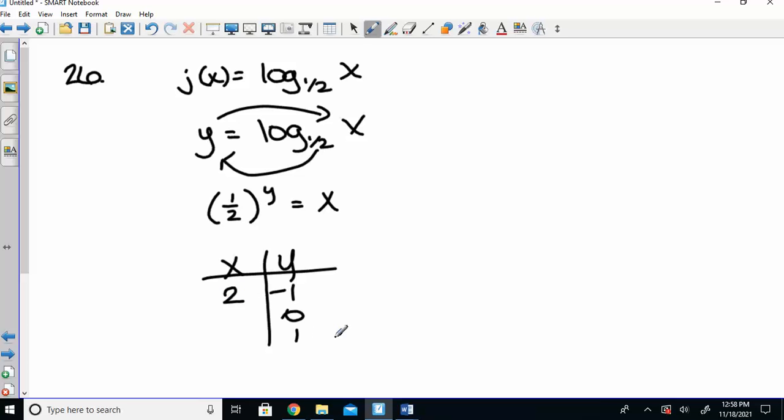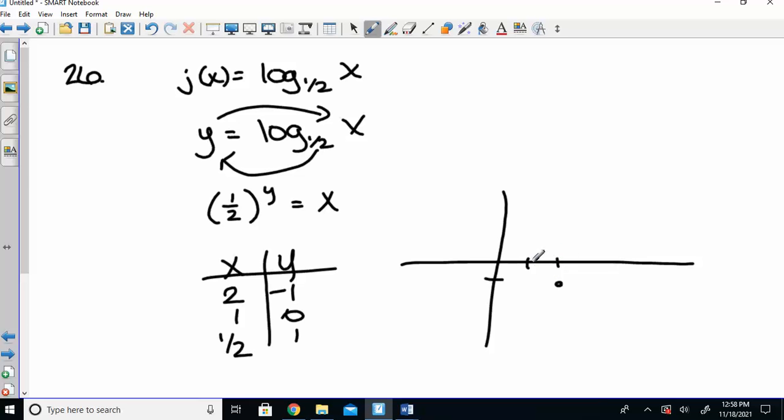The y. So 1/2 to the -1 is 2, 1/2 to the 0 is 1, and 1/2 to the first is 1/2. So you get 2, -1, 1, 0, and 1/2, 1.